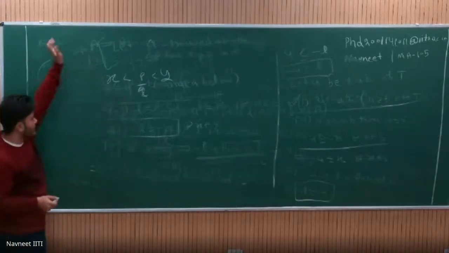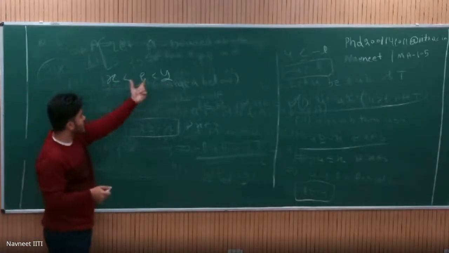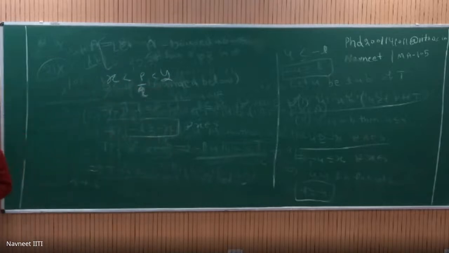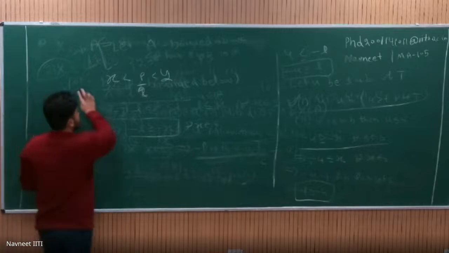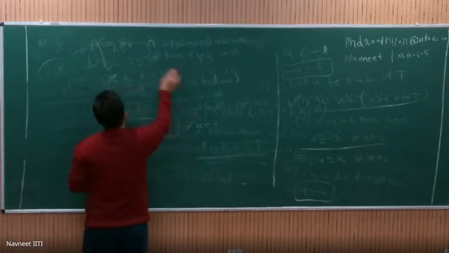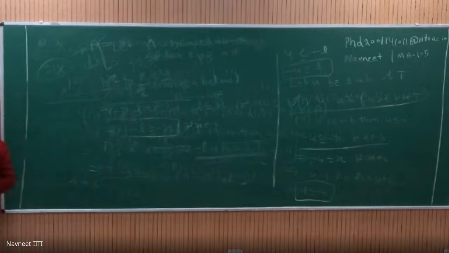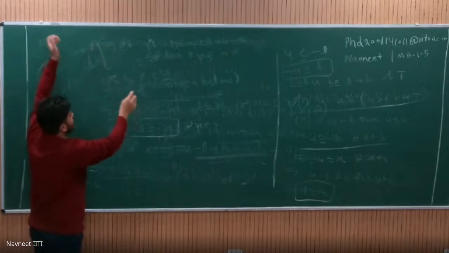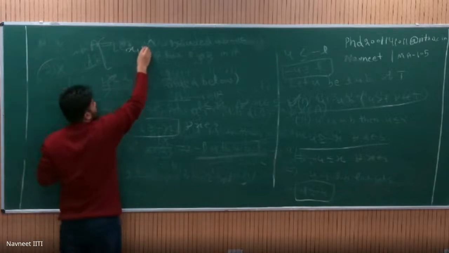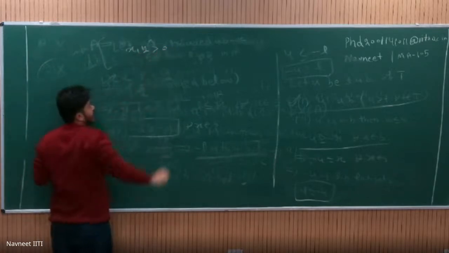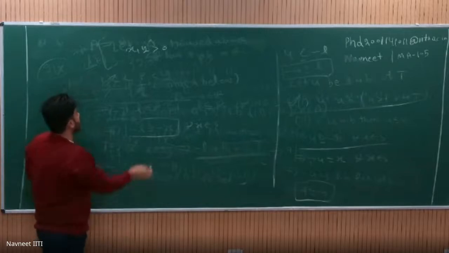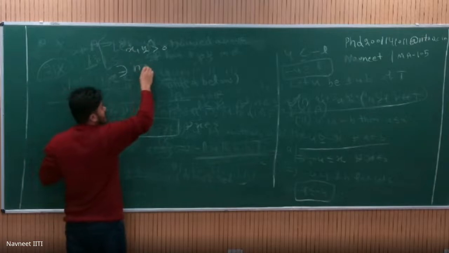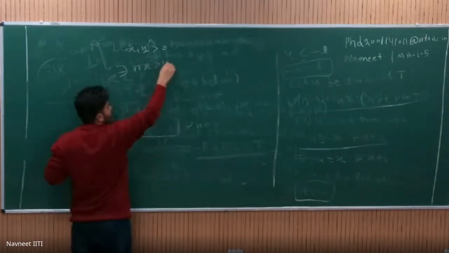This is our aim: to show that between any two real numbers there exists some number of the form P by Q. How to approach this question? Do you know the Archimedean property? The Archimedean property says that if x and y are two positive numbers, then there exists some natural number n such that nx is greater than y.